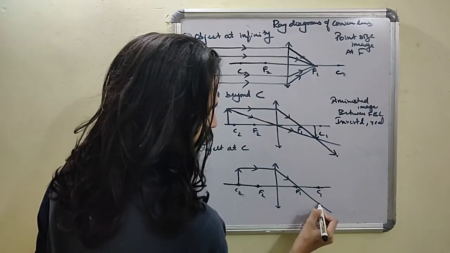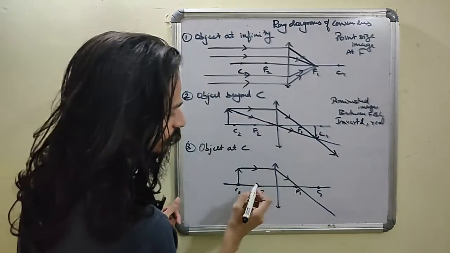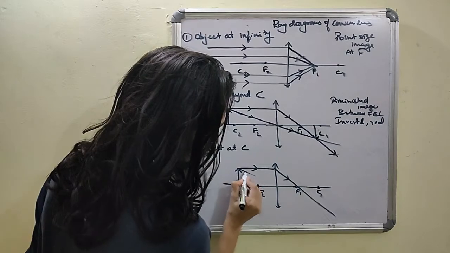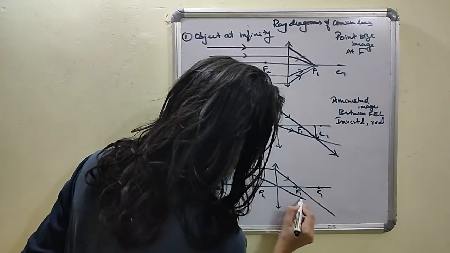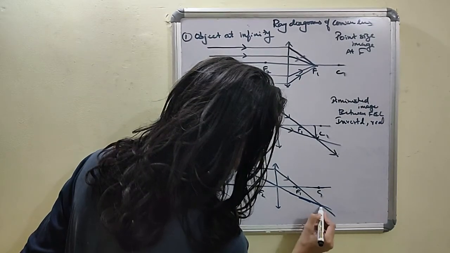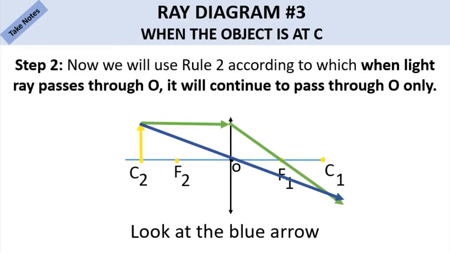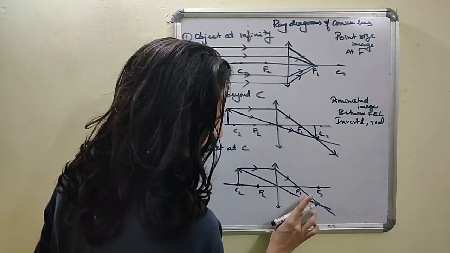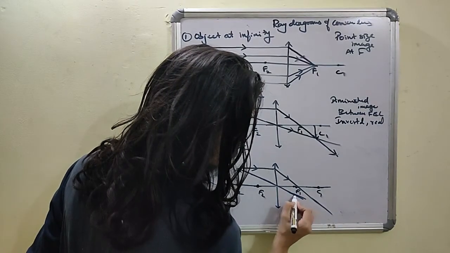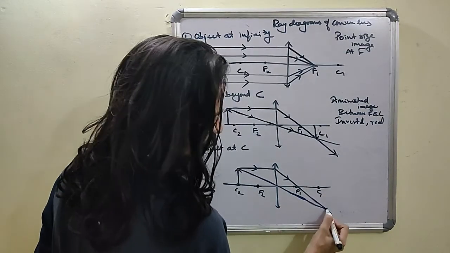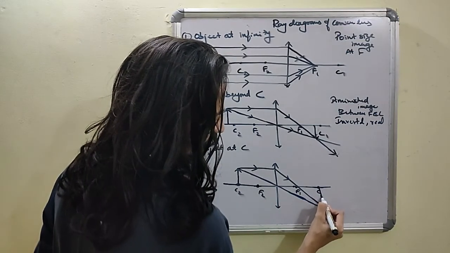It will also follow the same path, which is through the optic center, which is kind of like that. Alright, so if I see where these lines meet, not very neat, sorry for that. But if you use the scale and the right measurements, you will see that they meet exactly under C.